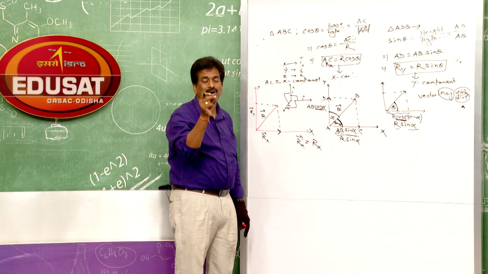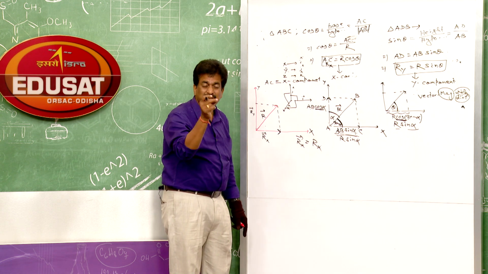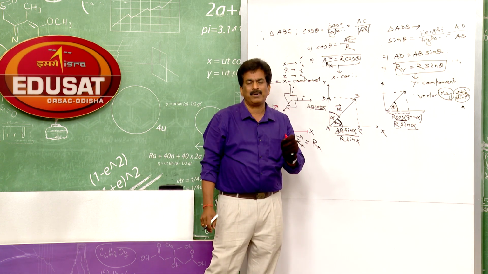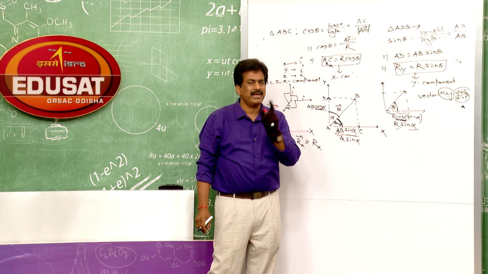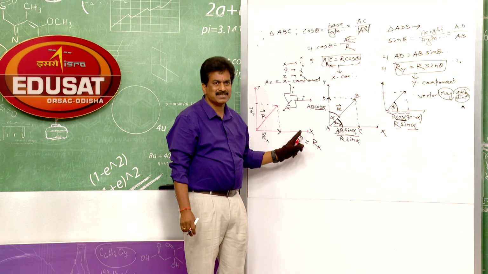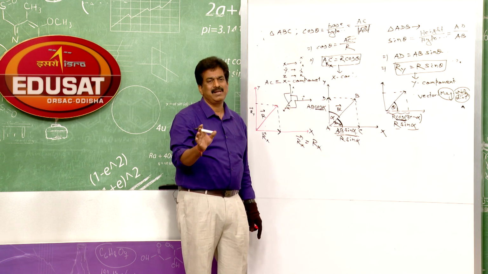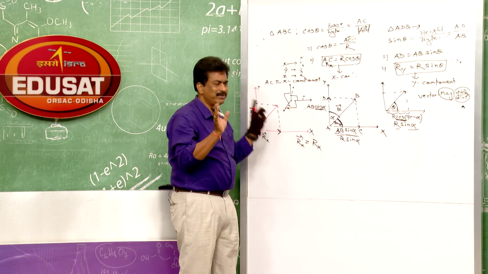A plane is always 2 dimensional, but i, j, k is 3 dimensional. So a 3 dimensional picture cannot be plotted clearly in 2 dimensions. Though this is 2 dimensional, we have to assume that i, j, k are perpendicular to each other.